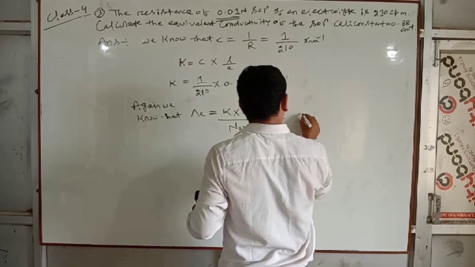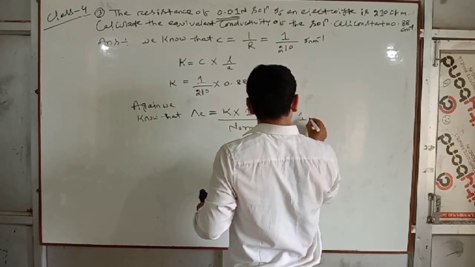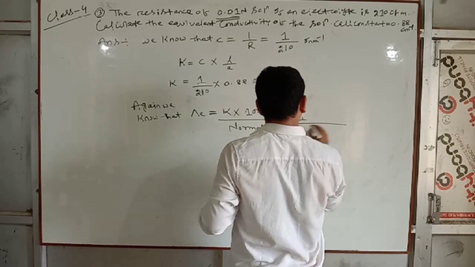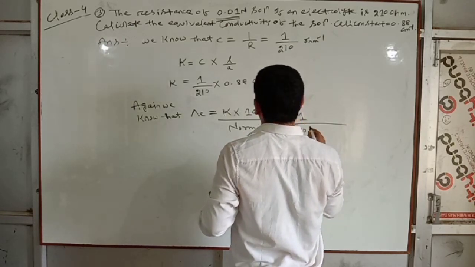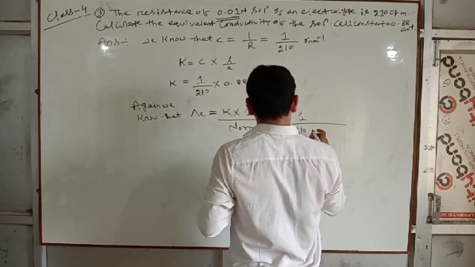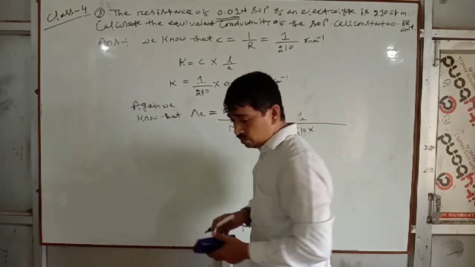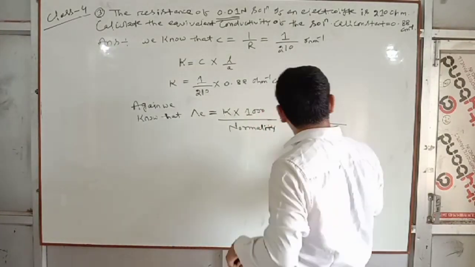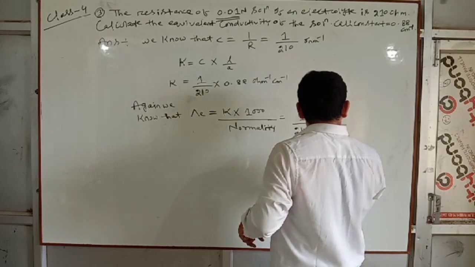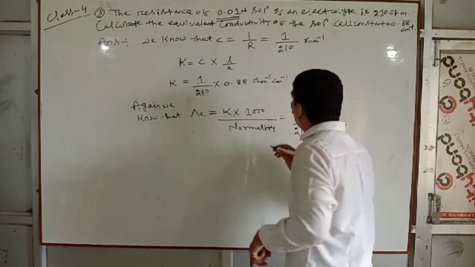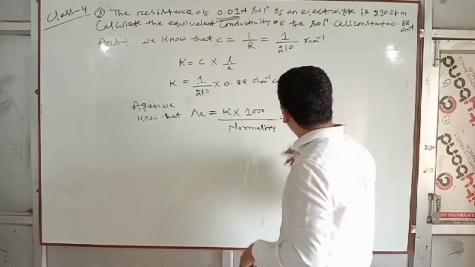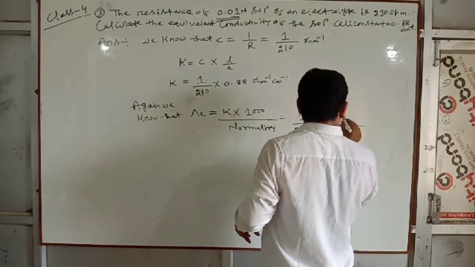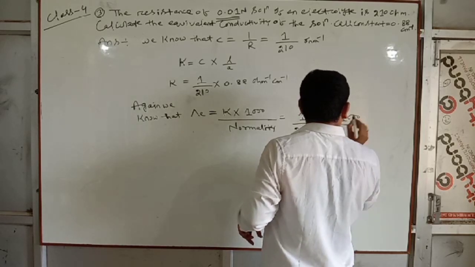So kappa is 1 by 210 into 0.88, into 1000 by 0.01.